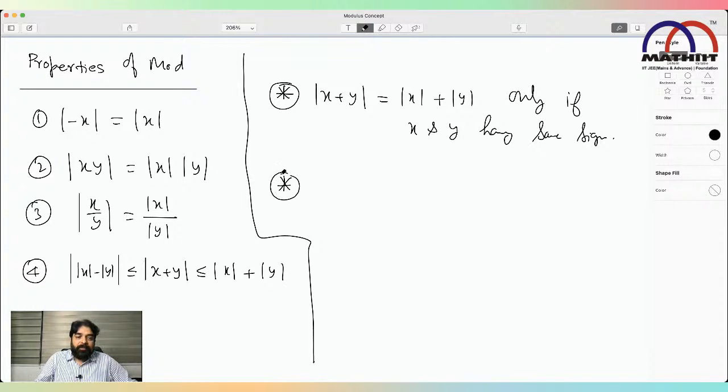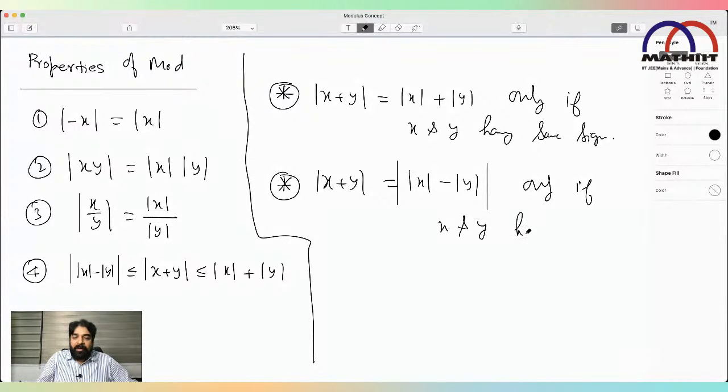And mod of x plus y, you can write as mod x minus mod y, whole mod. Do you know why I am keeping the whole mod? Because this quantity may be negative, but this is on the positive side. Only if x and y have opposite sign. Very, very important property.